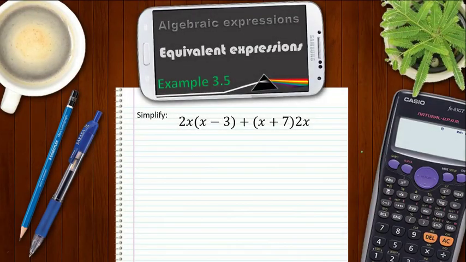Okay, now example 3.5. This one looks similar to the previous ones we've done, except that this coefficient is now here. Now that's actually just the same thing. If I say x times y, it's exactly the same as saying y times x.